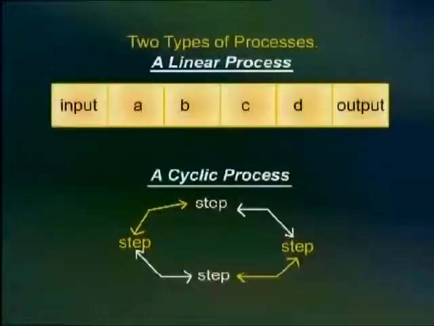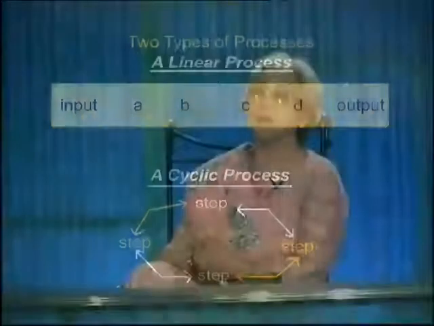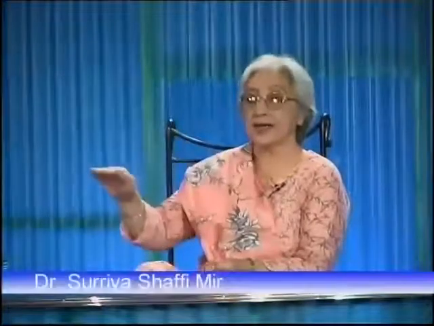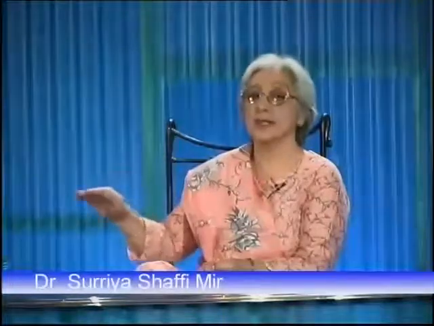You will see on your screen two diagrams, and these diagrams illustrate the difference between the two types of processes. A cyclic process is described in very much the same way as a linear process, except that it is not always clear where a cycle begins and where a cycle ends. If you look at the linear process, as the word linear tells you, it is in a line, one step after the other.